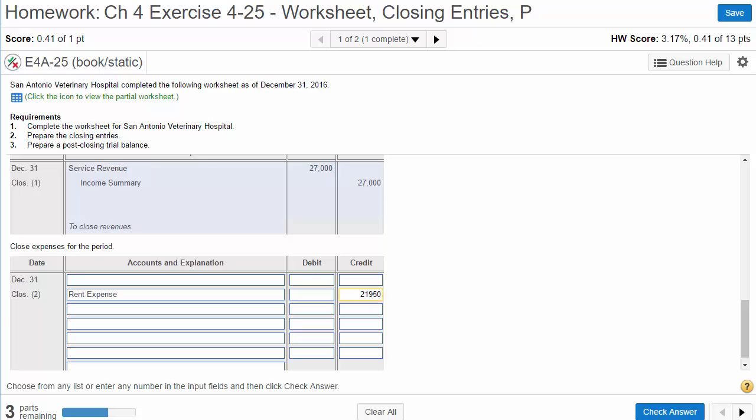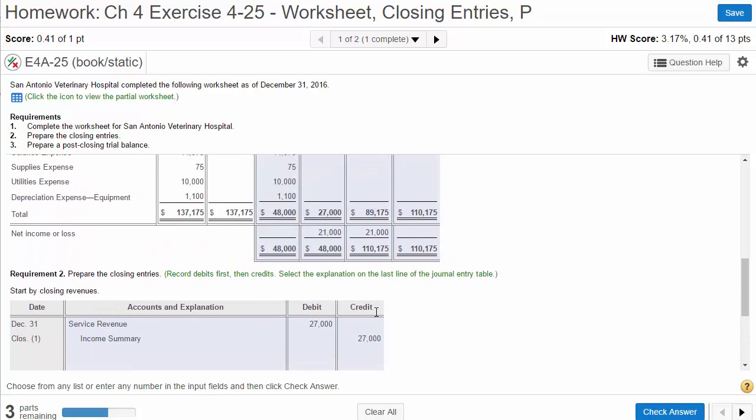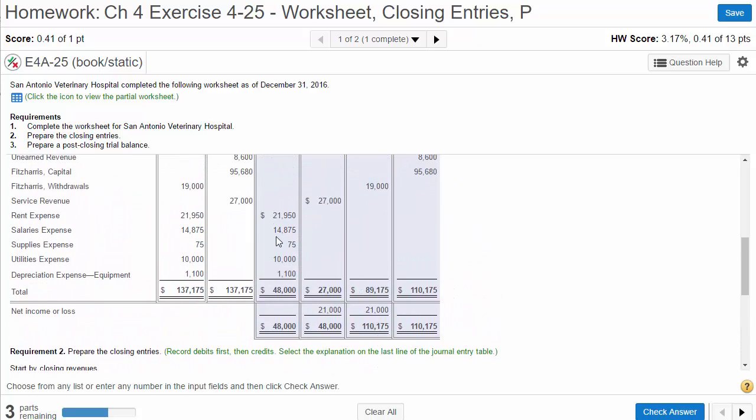Why is it that I am skipping a line and then crediting that? Because debits have to be listed first. So I'm going to list all my expenses as credits, and then I'll come back and do the debit later.